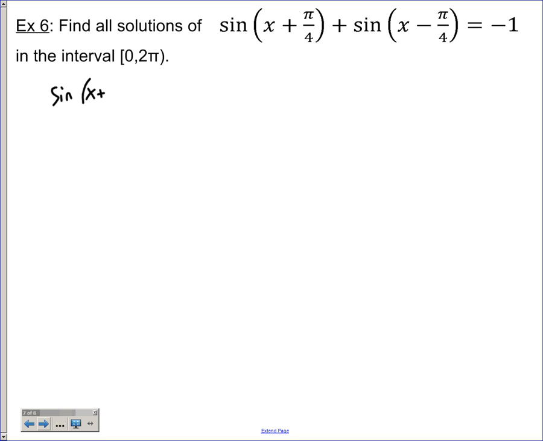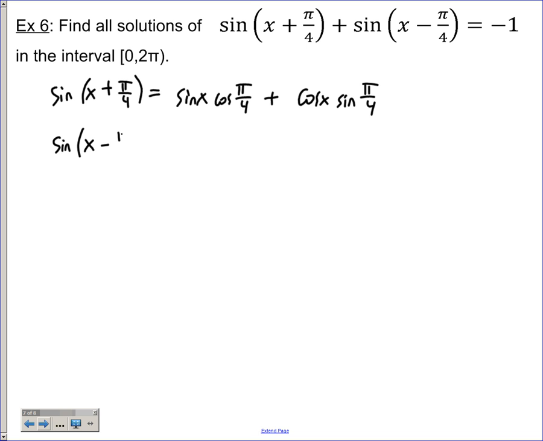Sine of x plus pi over 4 would be equal to sine of x cosine of pi over 4 plus cosine x sine of pi over 4. And I'm also going to find the sine of x minus pi over 4, because we're going to be adding these two terms together.